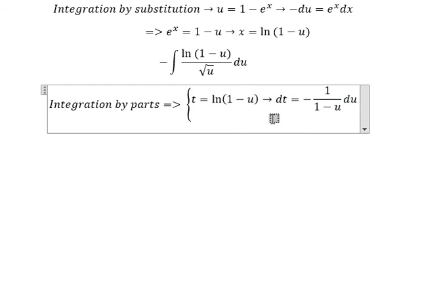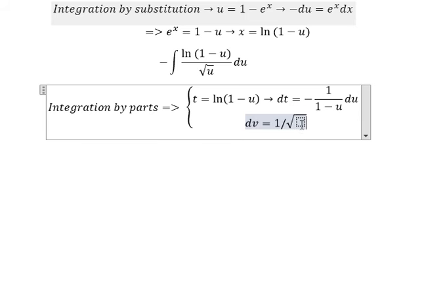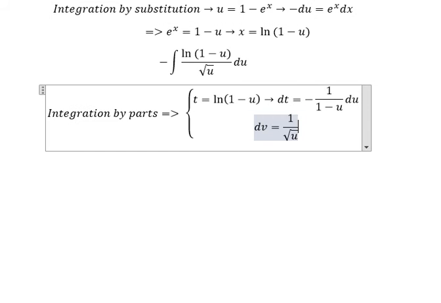The next one, that's dv equals 1 over the square root of u. And you have the negative in here. So we should get u multiplied with the square root of u with the negative.